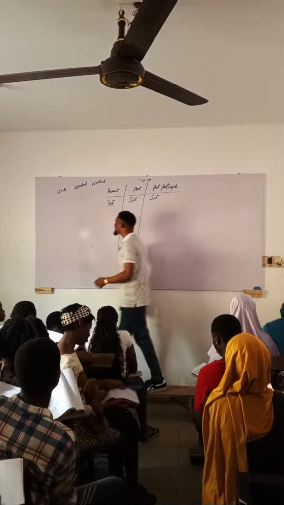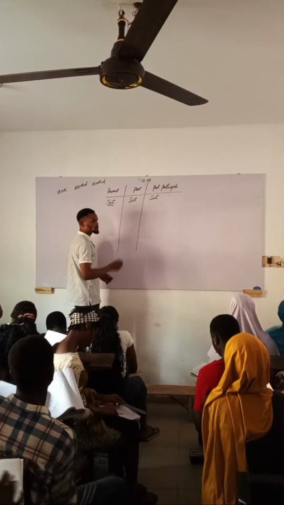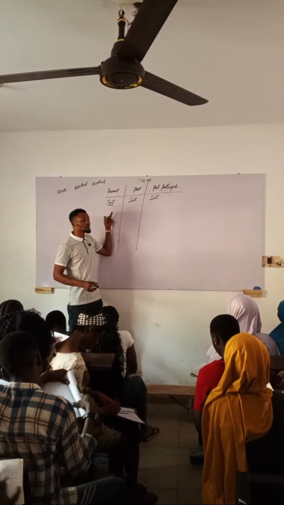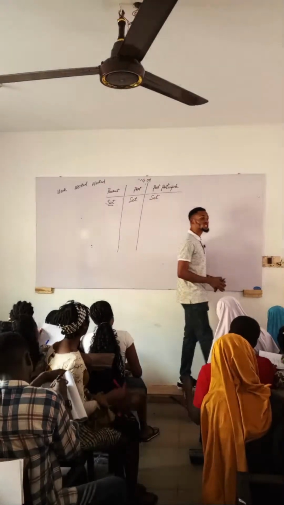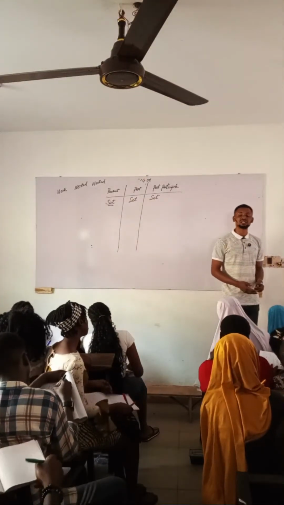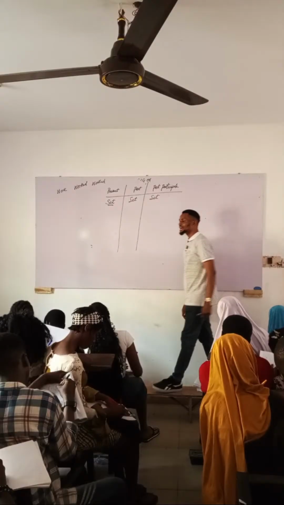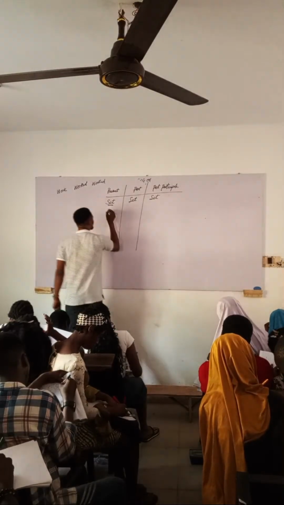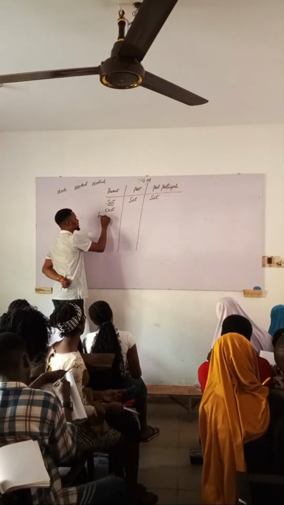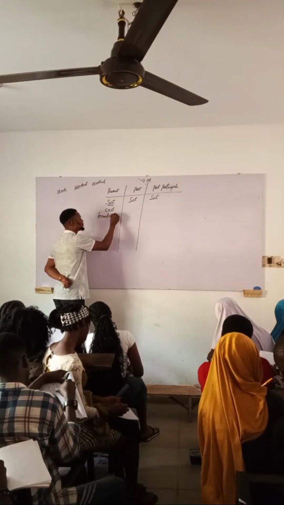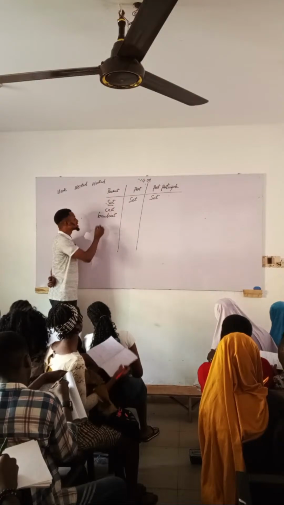So we have other examples like that. Put. All right, you should write put. What do we have for the past tense of put and past participle? You have the word cast. You have the word broadcast. Split.